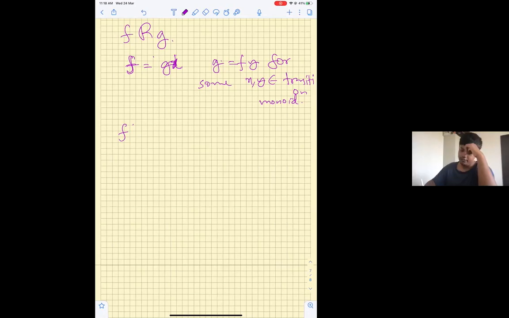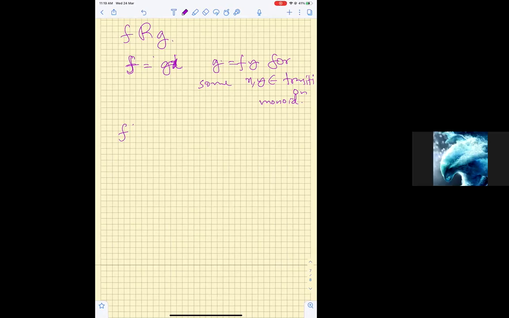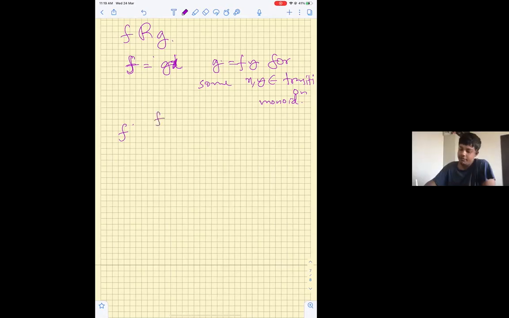So what exactly are we trying to prove? We want to prove that F is equal to G.